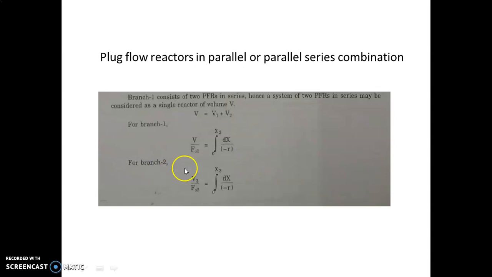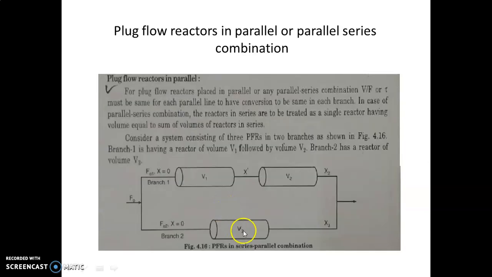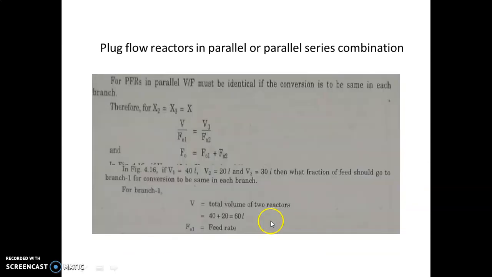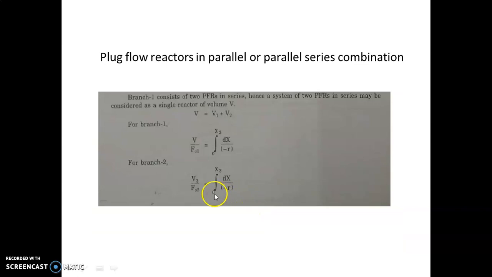Then for branch 2, V3 divided by F02 is equal to the integral from 0 to X3 of dX upon minus r. This is the performance equation for the third reactor, V3, which is connected in branch 2.